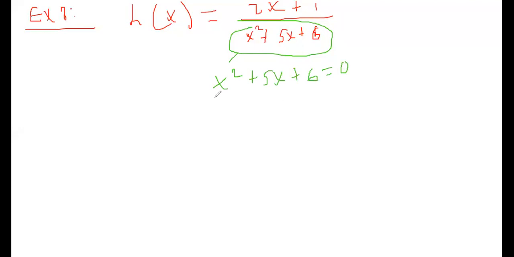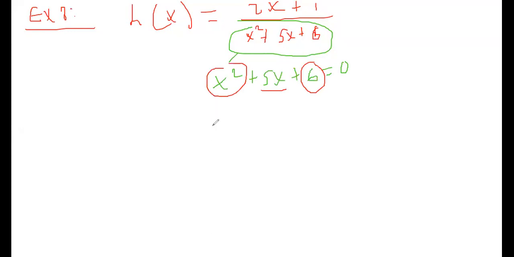So I will use factorization. You can use the general quadratic formula to also solve this. When it comes to factorization, first find two variables that, if you multiply them, give you x squared.